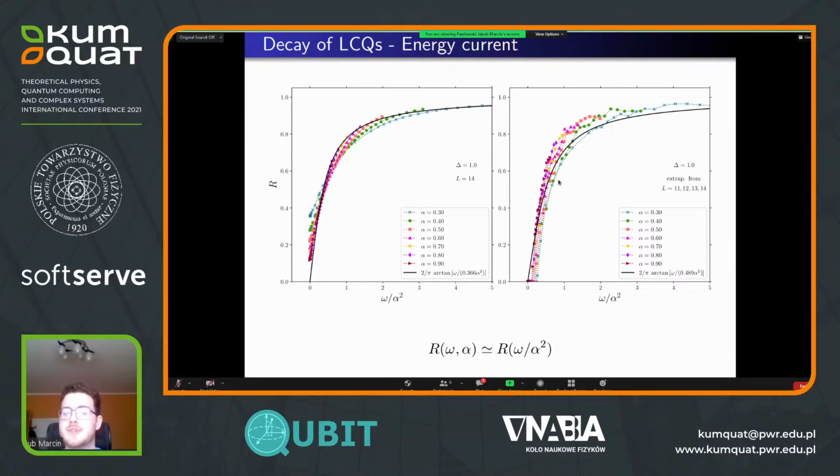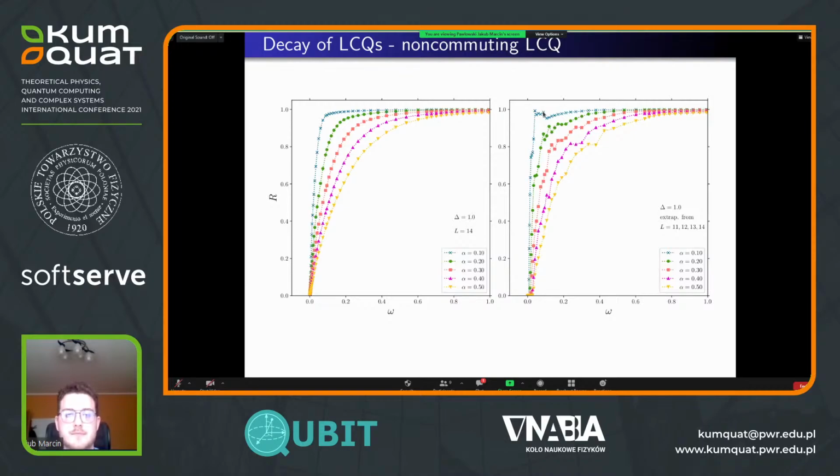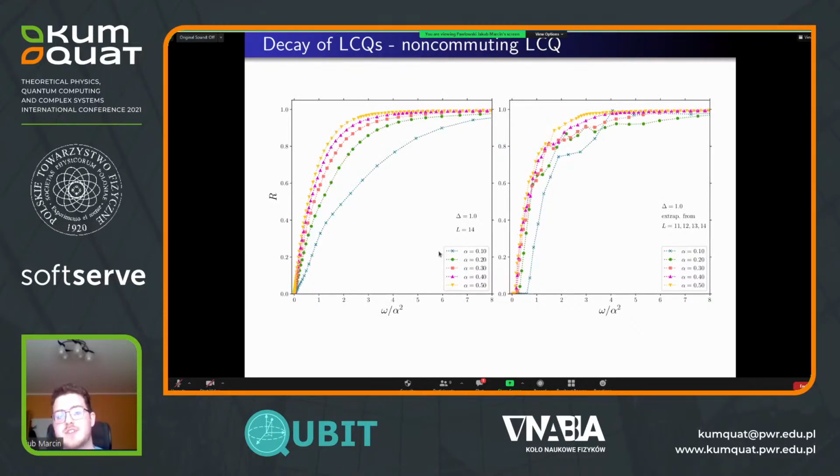All right, so now let's do the same for the other local conserved quantity, the one with S plus and S minus. At first we see a very similar plot. So in principle, we could just divide by alpha squared and we'll be all set. But this is not the case. After scaling by alpha squared, we get nothing much better than the previous one.